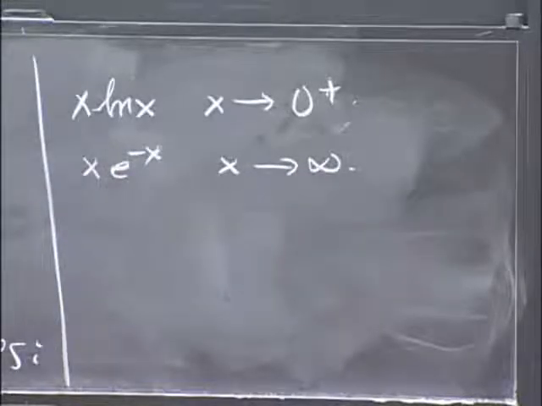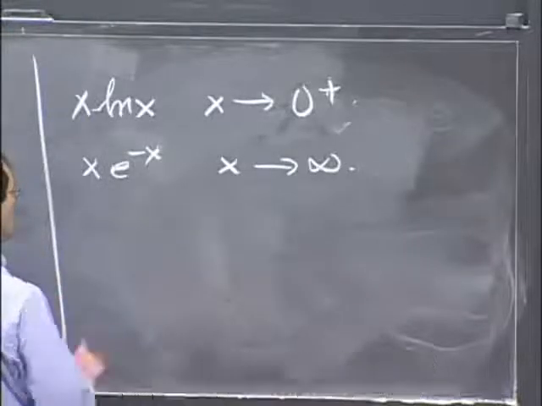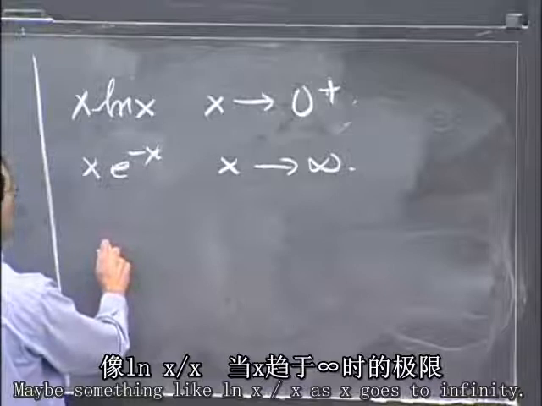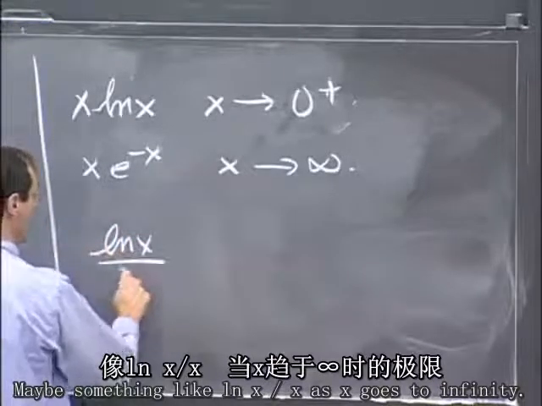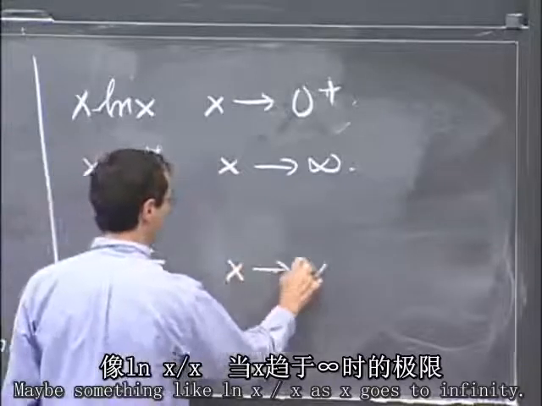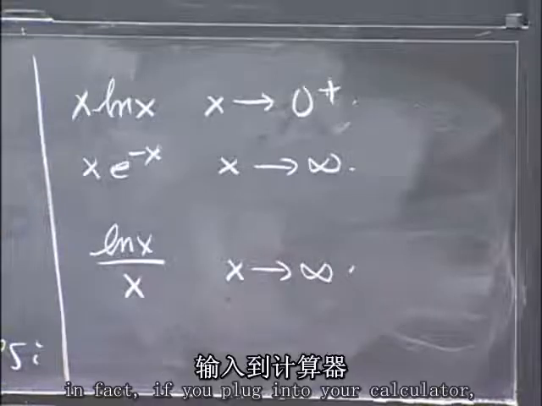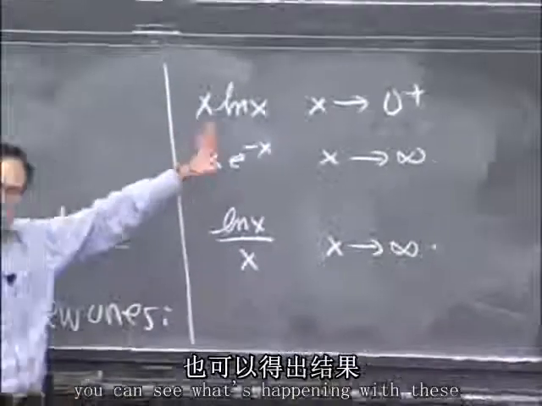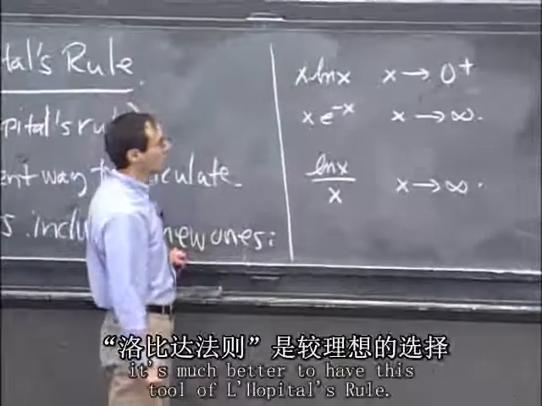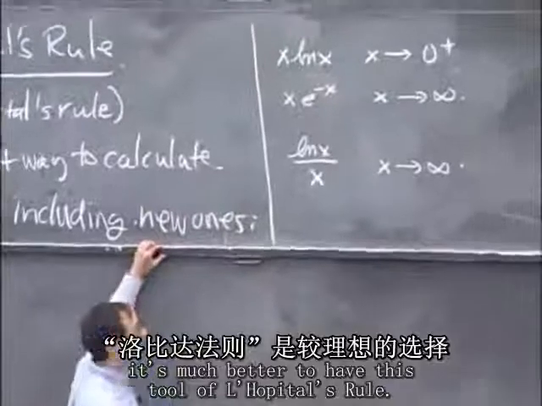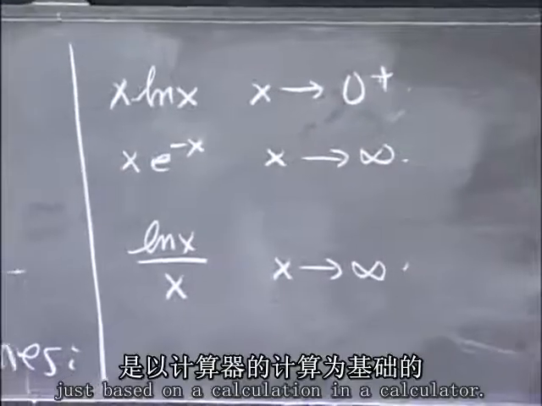And maybe I should include a few others, maybe something like log x over x as x goes to infinity. So these are some examples of things which, if you plug into your calculator, you can see what's happening, but if you want to understand them systematically, it's much better to have this tool of L'Hopital's rule. And certainly there isn't a proof just based on a calculation in a calculator.